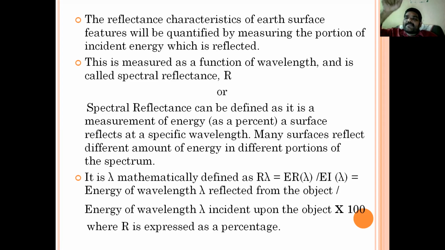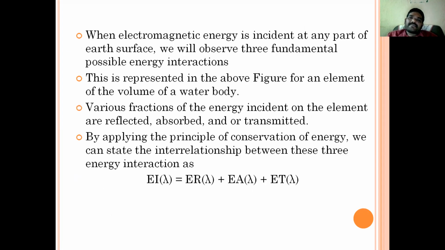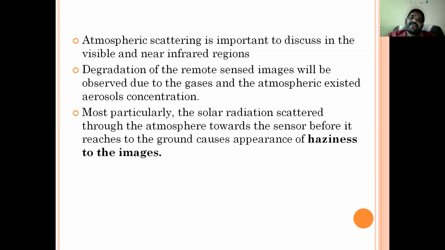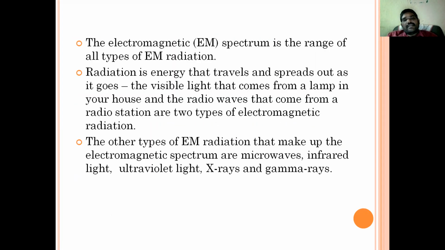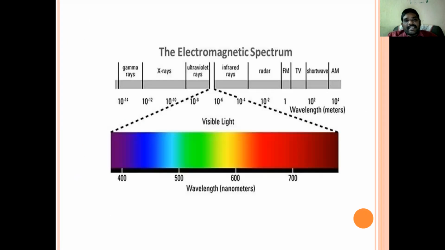What is the spectral reflectance? When you look at the electromagnetic spectrum, spectral reflectance is measured with respect to wavelength. Understand what spectral reflectance is here: how the energy is reflected in a particular band, for example the X band.